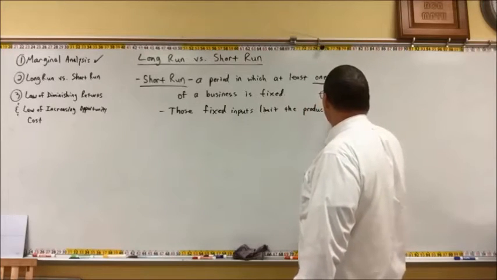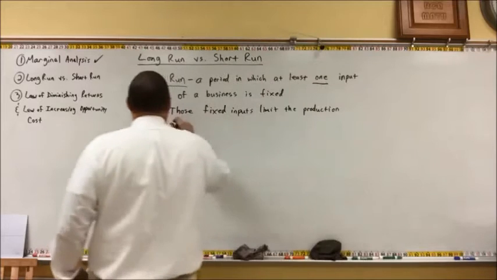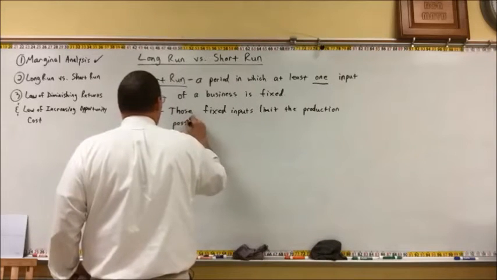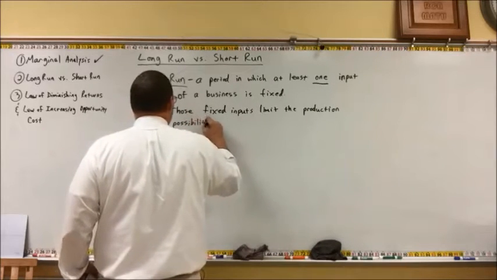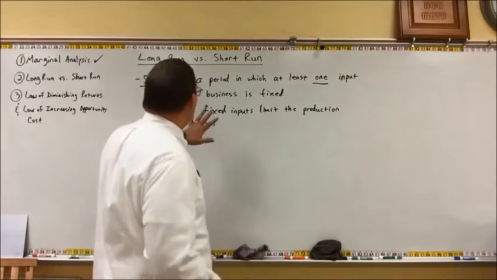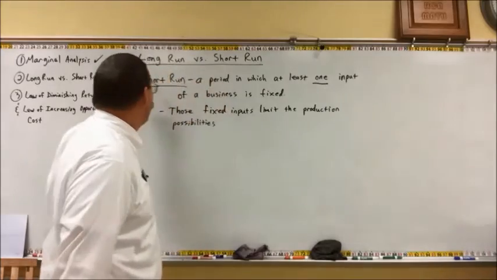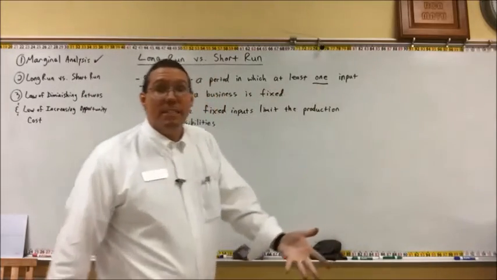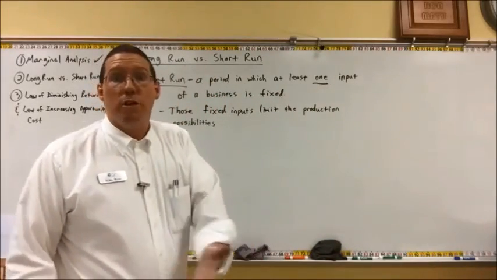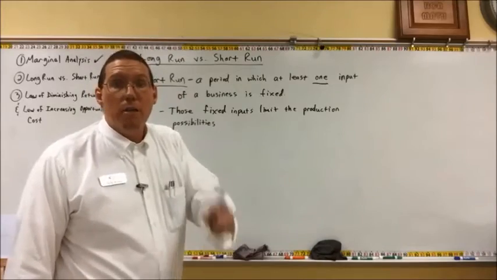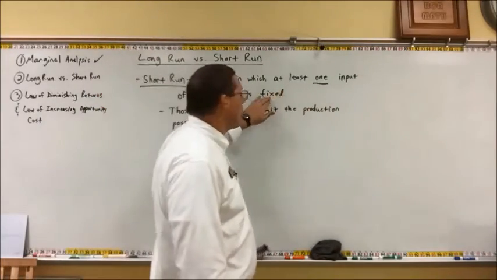So the options to do business that a business has because they're in the short run are limited. They can only make certain decisions because they are limited by their fixed inputs.